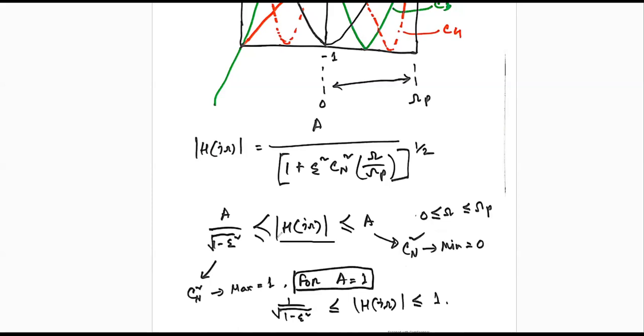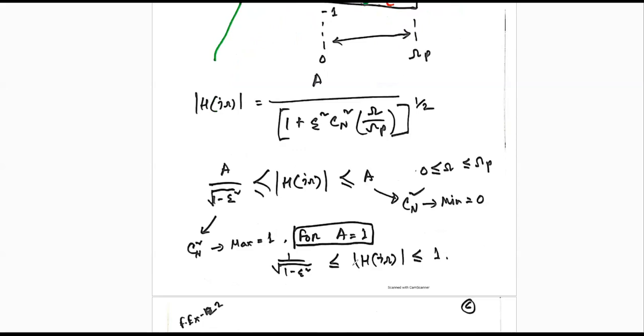So now we can understand what is the minimum value and what is the maximum value. However, we try to make A equal to 1. Then we found that the range of magnitude response is less than 1 and greater than 1 over root of 1 minus epsilon square.